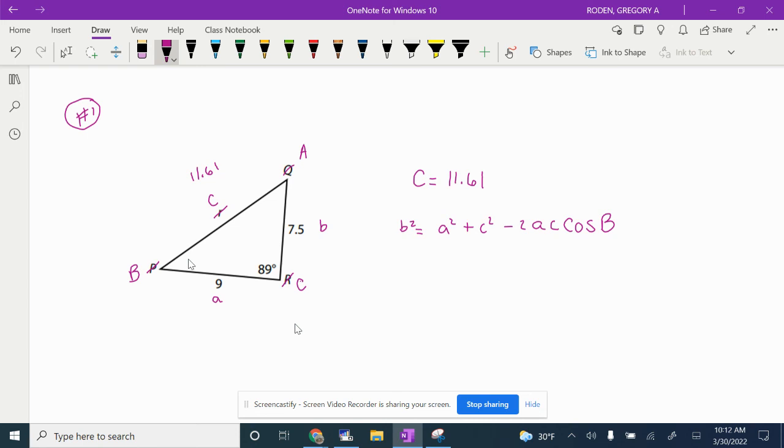Cheeseburger. Okay. No, not 21. I was kind of sick. Mr. Roden, the angle's the exact same as last time. Is it really? Mm-hmm. All three of them are? No, just B. Just B. So we can divide this.